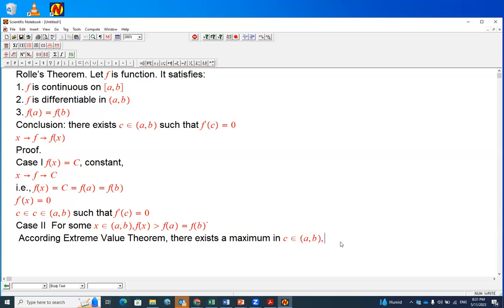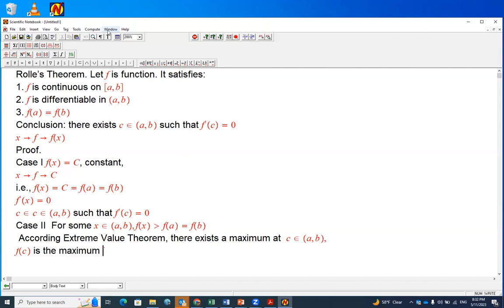So since we have one x in that interval that's larger than the value of the function at the endpoints, we must have a maximum at c such that f of c is the maximum, the local maximum, or you can say absolute max, and c is inside the interval.